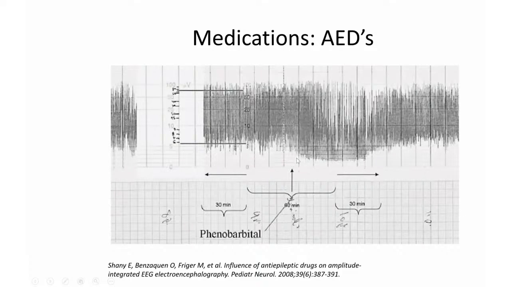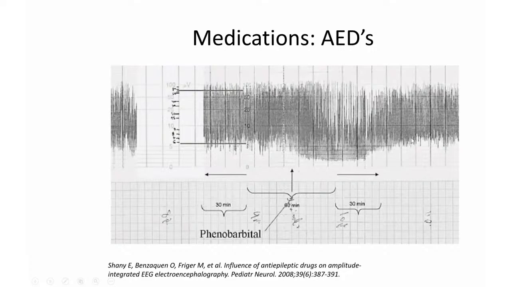And remember, the distance between these lines here is 10 minutes. So we see this medication given, and then for 10, 20, 30, 40, 50, almost 60 minutes, a suppression of the pattern, almost a burst suppression-like pattern, and then a recovery over the next hour.